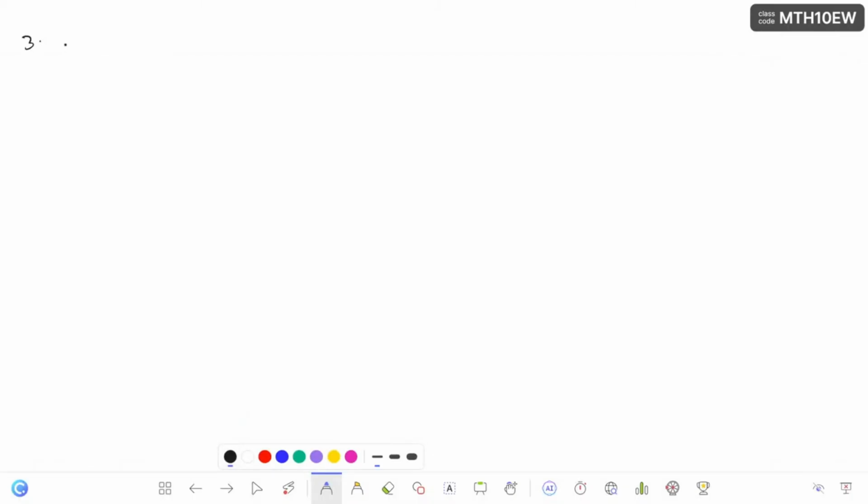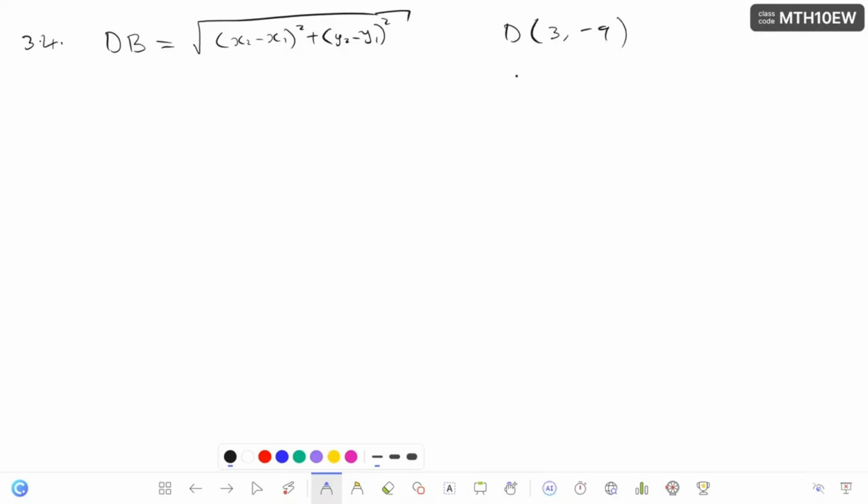The length DB is equal to the square root of (x2 minus x1) squared plus (y2 minus y1) squared. Our D is 3 and negative 9, and our P is negative 1 and negative 6.